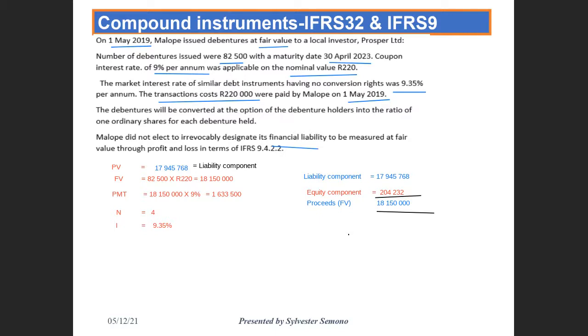So for now, because I'm doing the liability, I need to make sure that I allocate. So let me just write this. I must allocate these transaction costs to the components.